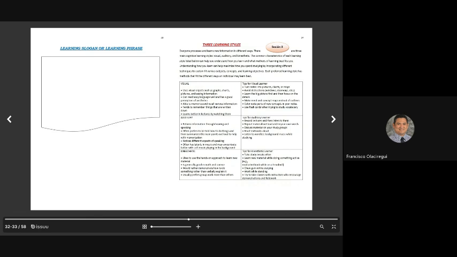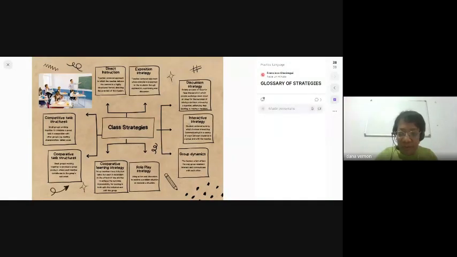I chose as the main title class strategies. Then I have the 9 different strategies, starting with direct instruction. I'm going to share my screen.